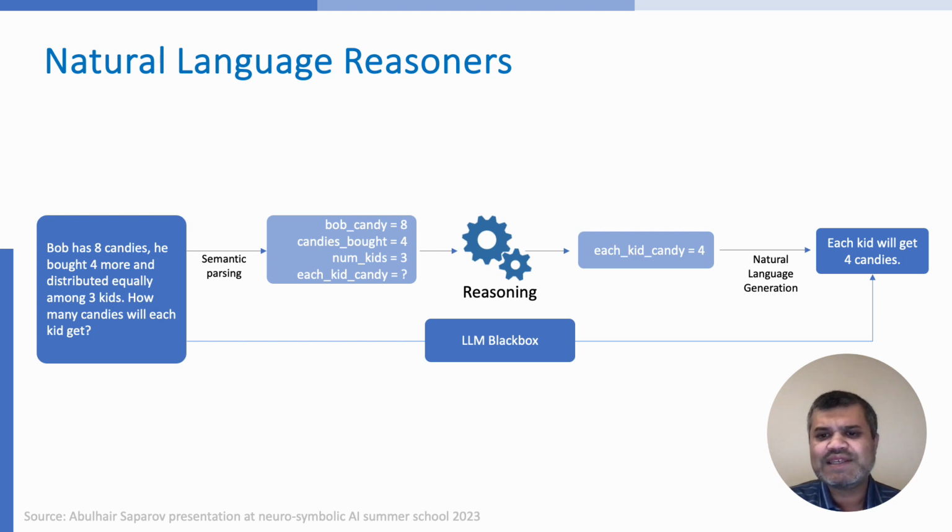So in this case, each kid's candy is equal to 4, and then we can use natural language generation to find out a natural sentence to reply back. So you can see the black box versus the more step-by-step pre-deep learning or pre-LLM approach.